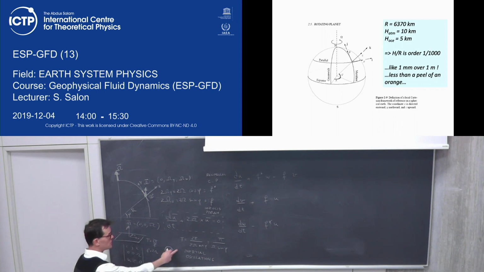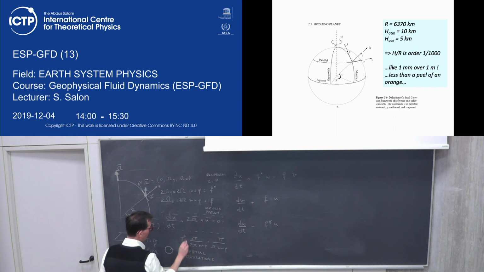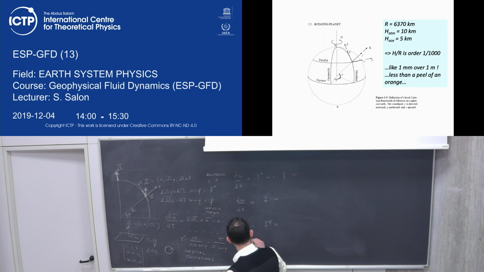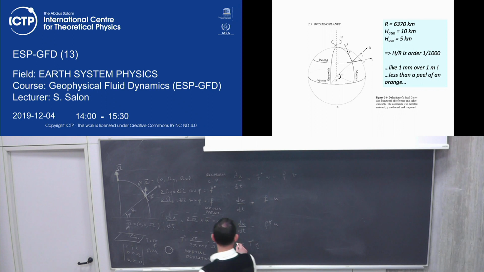So inertial oscillation will have a period, which is the inertial period, so we can write T_IO, the period of inertial oscillation. So when we are at the poles, sin phi is 1. So we have pi over omega. But how much is pi over omega?